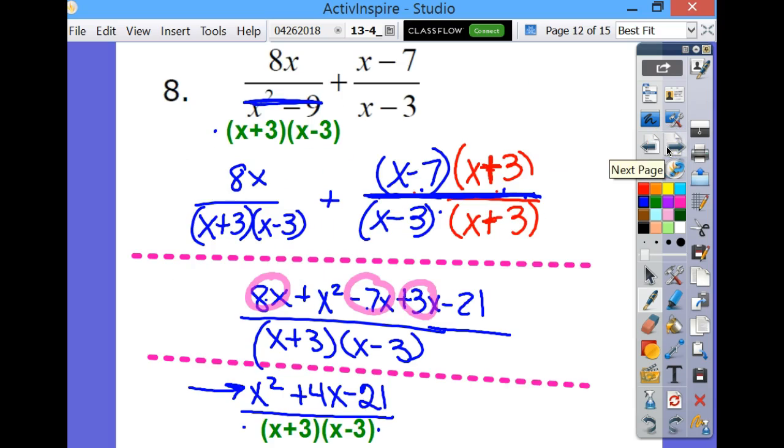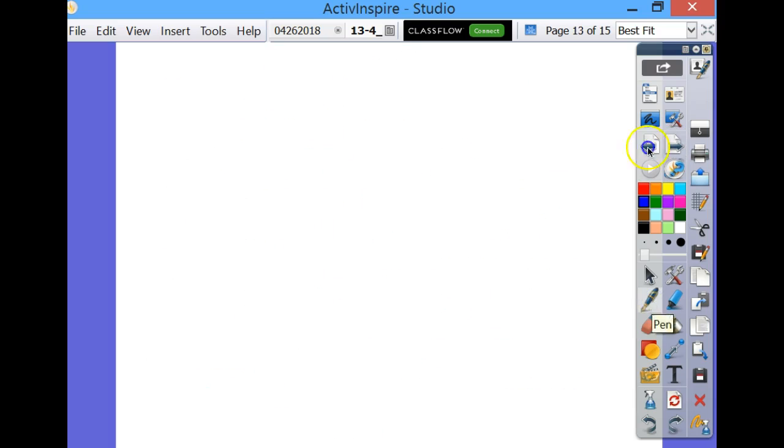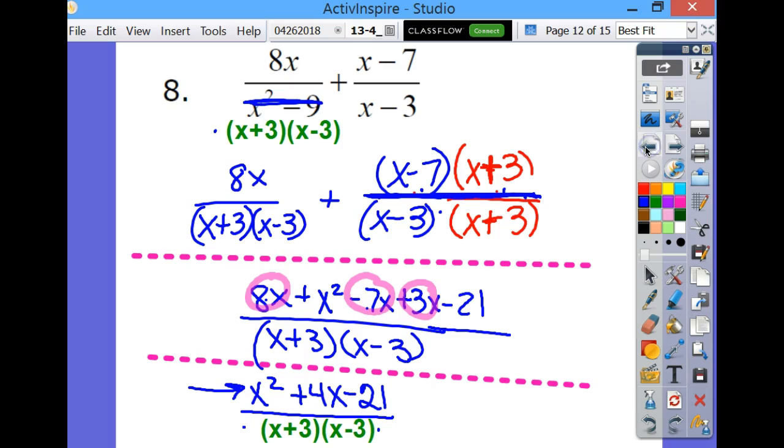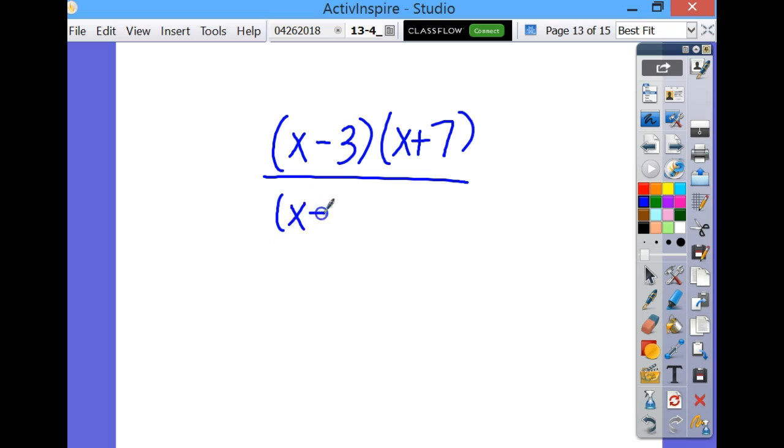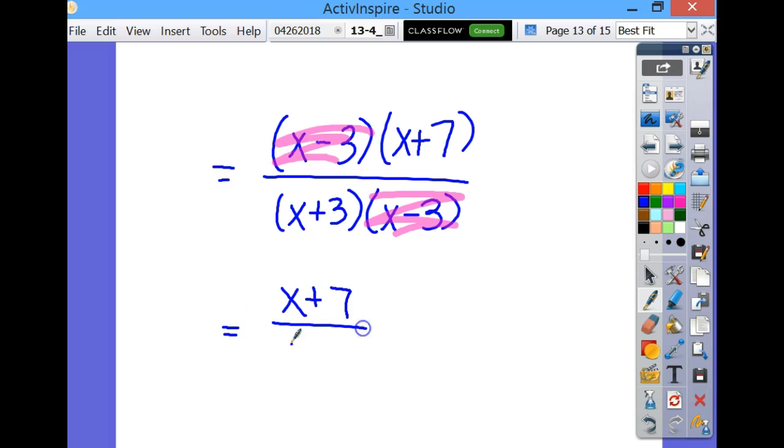So back over here on this problem, this factors into x minus 3, x plus 7, over x plus 3, x minus 3, and then what happens? And the final answer is x plus 7 over x plus 3.